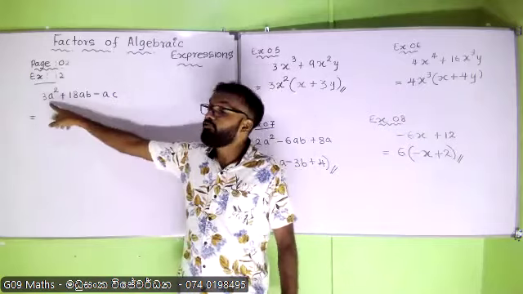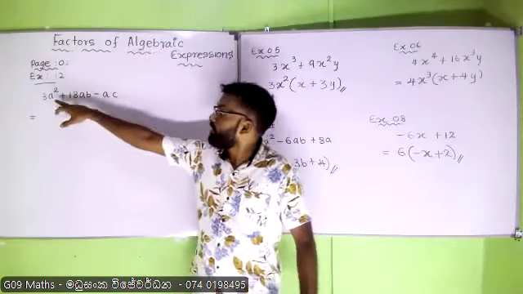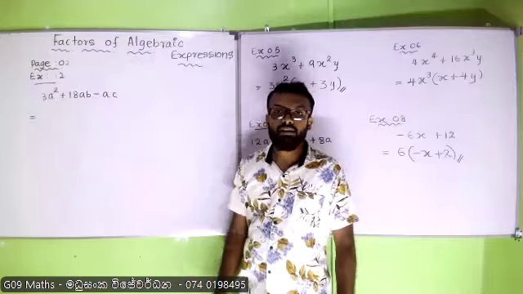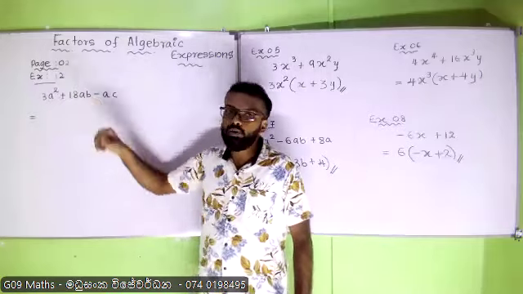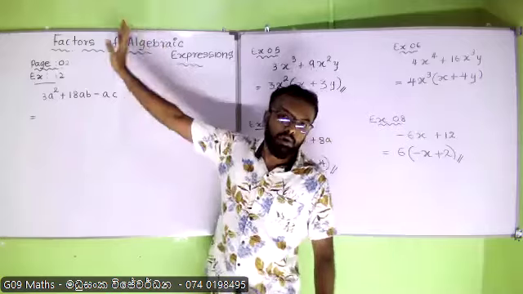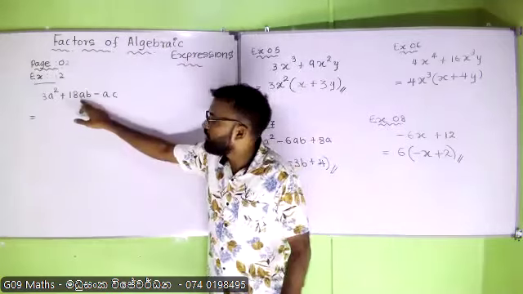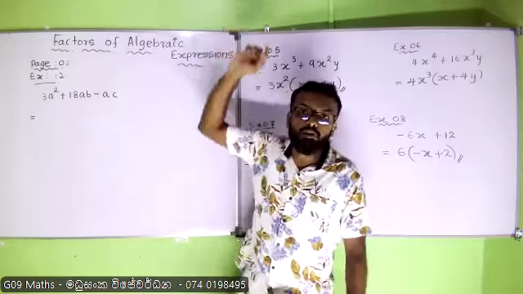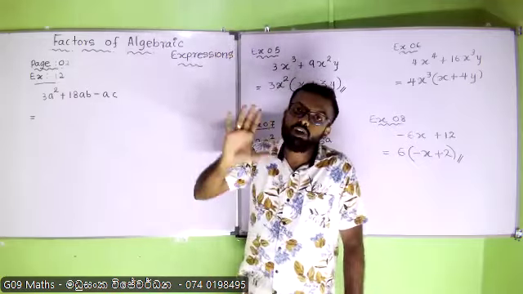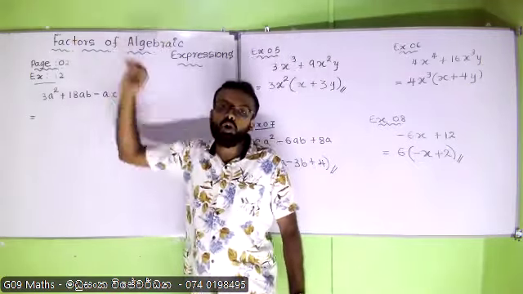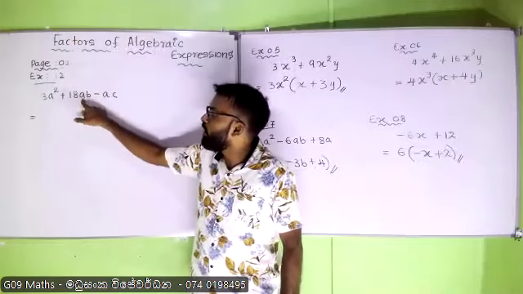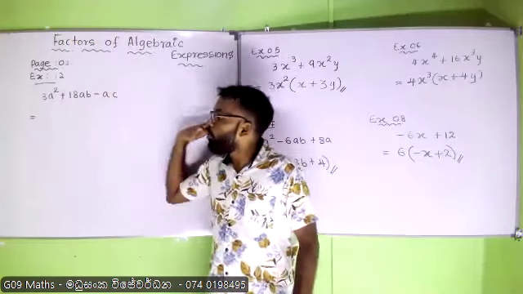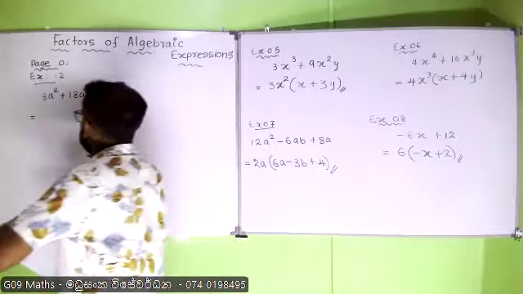When it comes to A to the power 2, we cannot take A to the power 2 out because here we do not have A to the power 2, and also here we do not have A to the power 2. But you can take A to the power 1 out from all 3 terms.